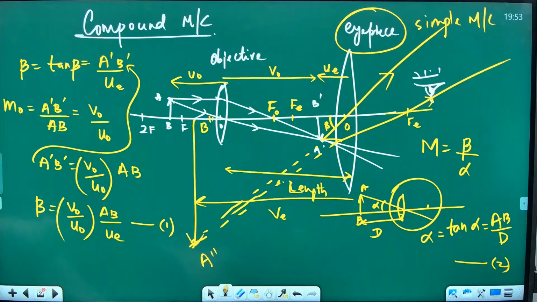Then pass to center of curvature. Optical center.